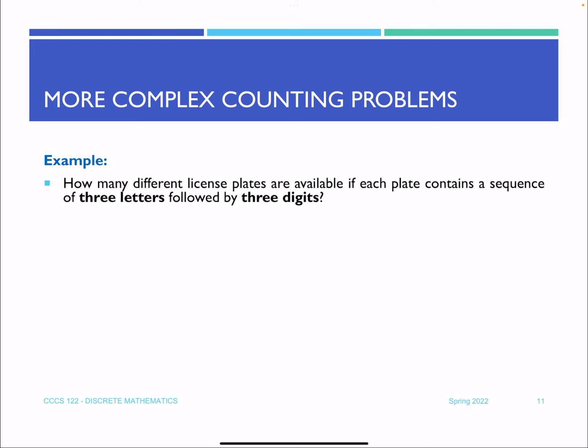Here's another example. How many different license plates are available if each plate contains a sequence of 3 letters followed by 3 digits? So this one's pretty straightforward. No exclusions, no additional rules like we had in the previous example.